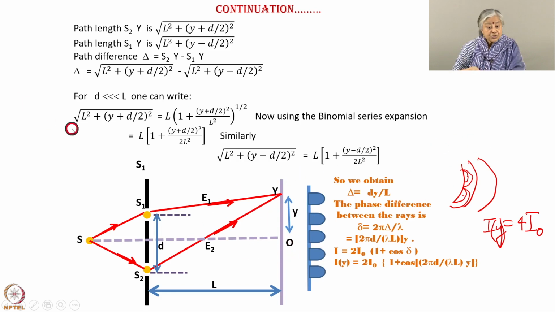Suppose you had two sources instead of this one source, and you checked the interference pattern. Most likely you will not get an interference pattern because they may not be coherent at all.